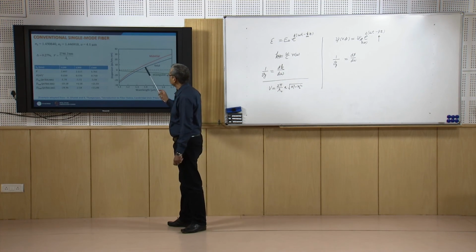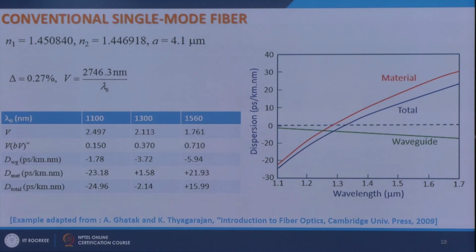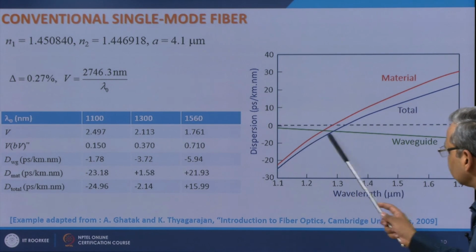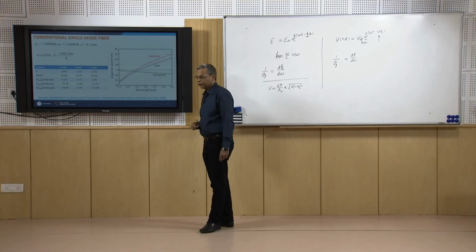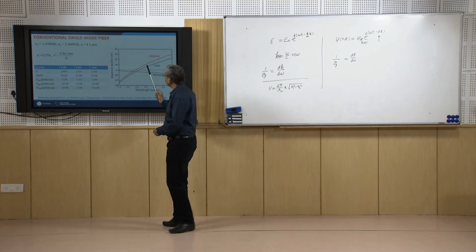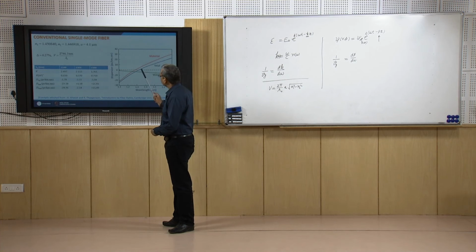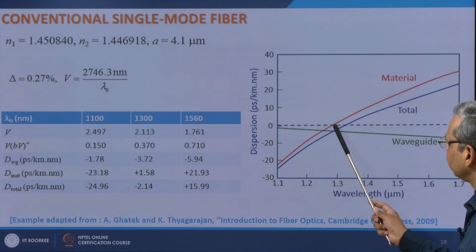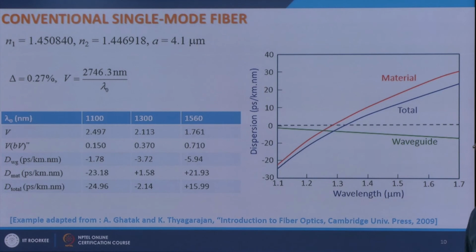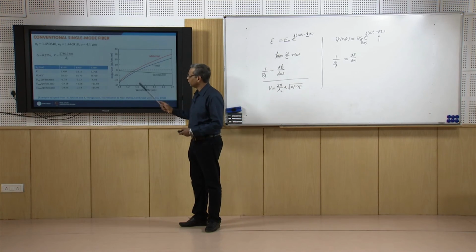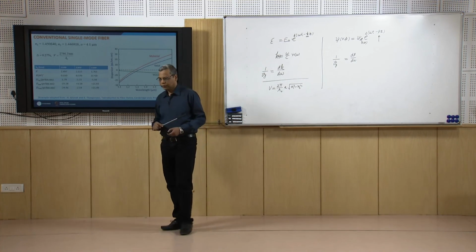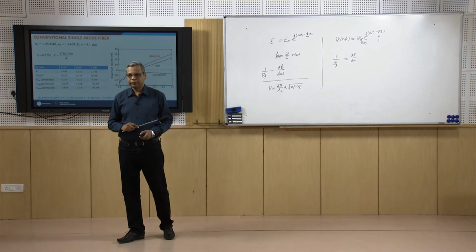For the wavelengths longer than 1.27 micrometer, the material dispersion is positive, and waveguide dispersion is always negative. Okay. So, the total dispersion, what I see, is now shifted from 1.27, which is the zero material dispersion wavelength, to about 1.3 micrometer. So, I have 1.3 micrometer near zero total dispersion wavelength.